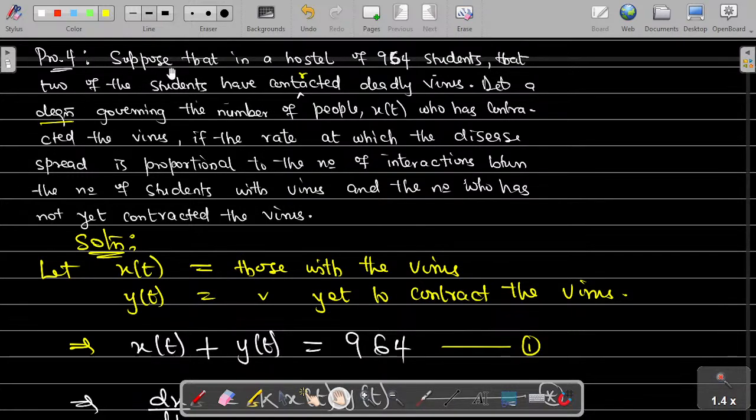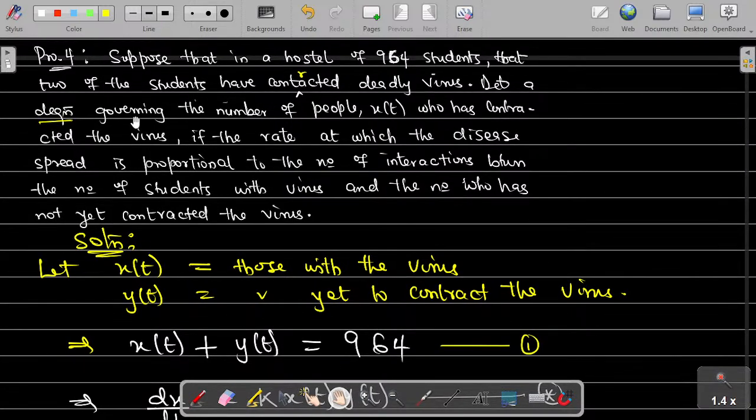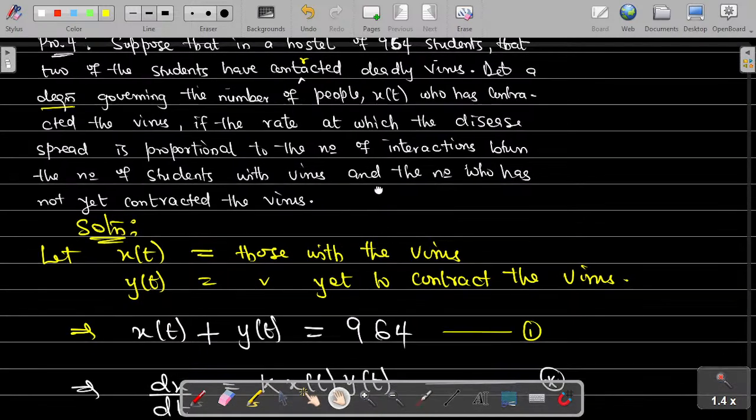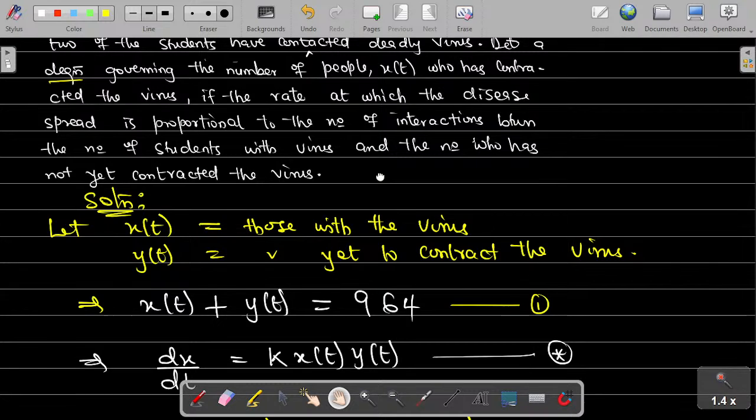Look at it: suppose that in a hostel of 964 students, 2 of the students have contracted a deadly disease. So the initial condition given is that 2 already have the disease before this study was asked to be done.